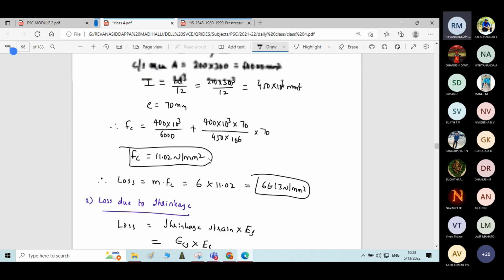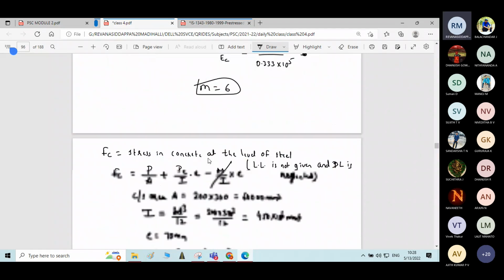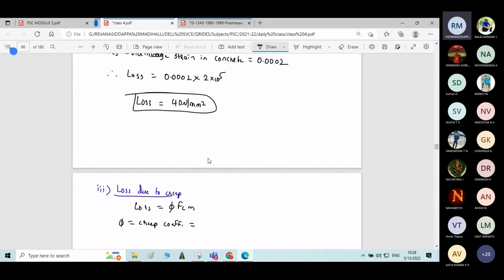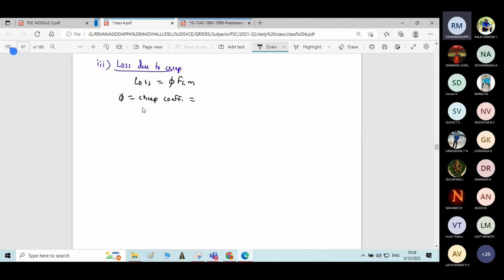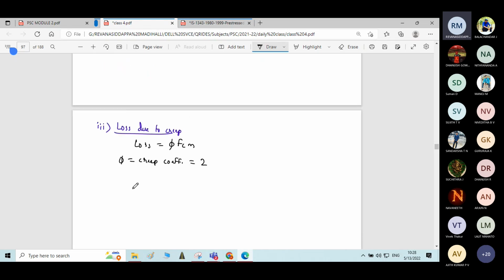And phi is the creep coefficient. It is given as 2. FC we already know, M is also known. Just substitute and get the answer.